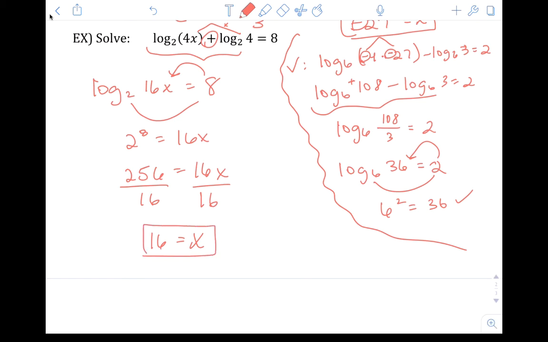All right, let's check it. I'm going to need some space when I do this one as well. I'll make it go down in a minute. Log base 2 of 4 times 16 plus log base 2 of 4 equals 8.